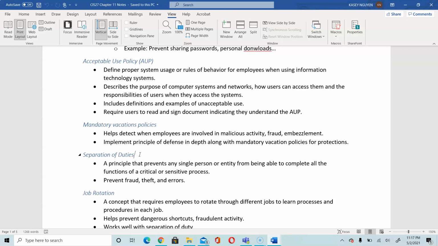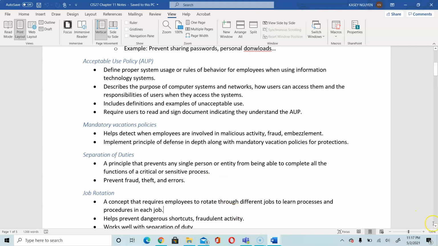It would entail other individuals' involvement, such as signing off, being able to really track the task, manage the resources, etc. So we want to include multiple people in the functions of the critical or sensitive process. And ultimately, that would help us prevent theft, fraud, or any kind of errors.